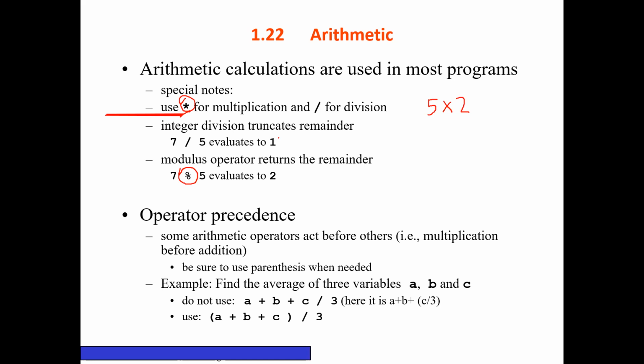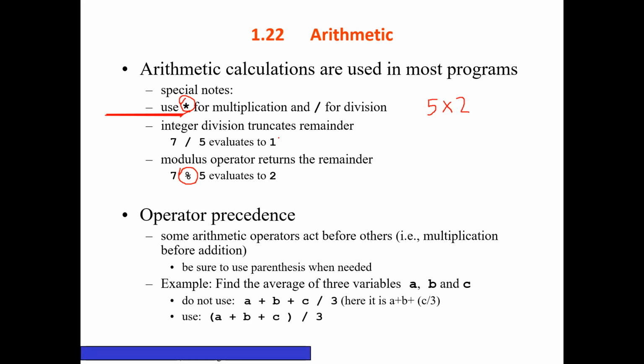And there is operator precedence. That means if you have various mathematical operations appearing in an expression, which operation will be performed first is called operator precedence. Division and multiplication have more precedence than plus and minus.